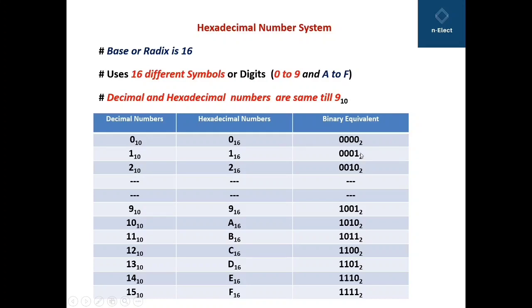So we can write 1 as 0001, 2 as 0010, 3 as 0011, likewise. So every hexadecimal digit is represented by 4-bit binary, and decimal numbers and hexadecimal numbers they are same up to 9 decimal only. Thereafter they change or they differ.